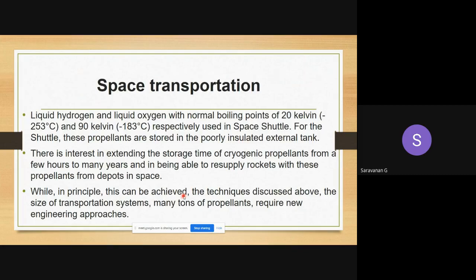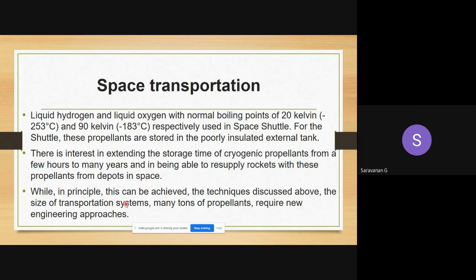For these applications, the propellant in the space shuttle has to be stored in a poorly insulated external tank. We want to improve the storage time of the propellants to a few hours of usage, so that we are able to resupply rockets with this propellant from depots in space.